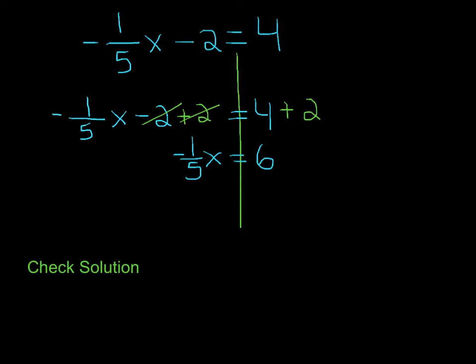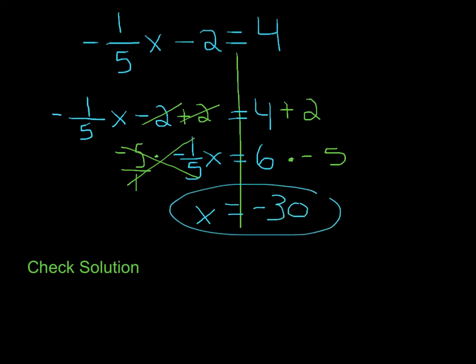And if we're multiplying this x by a fraction, negative 1/5, to undo the fraction you can either divide or we can multiply by the reciprocal. And the reciprocal of negative 1/5 is negative 5, or negative 5 over 1, same thing. So here, this cancels, and x equals negative 30.